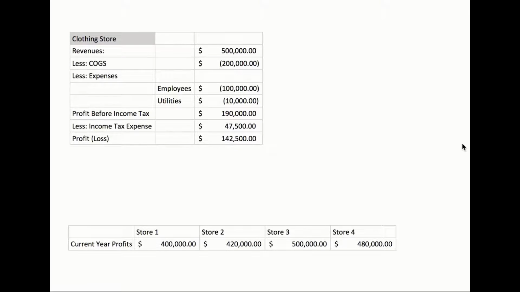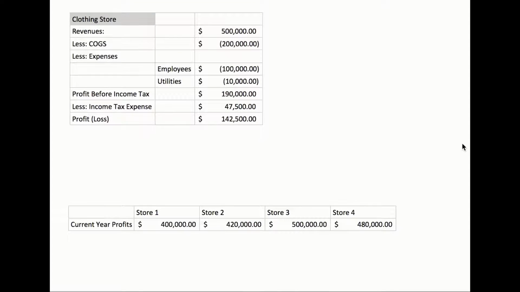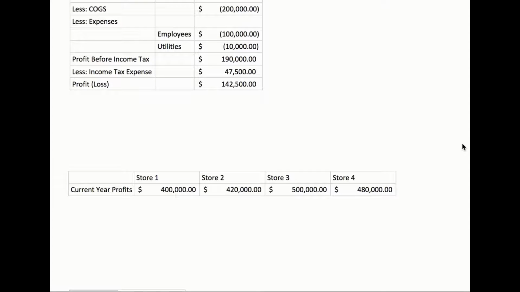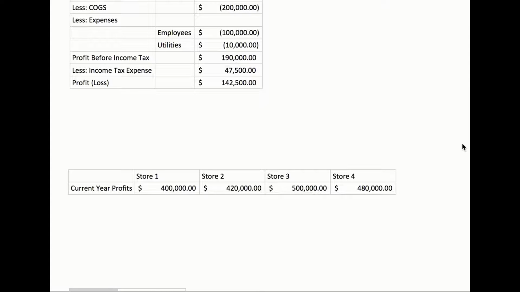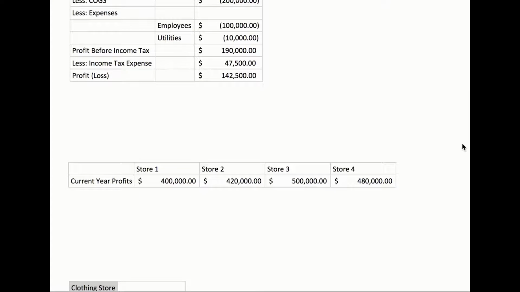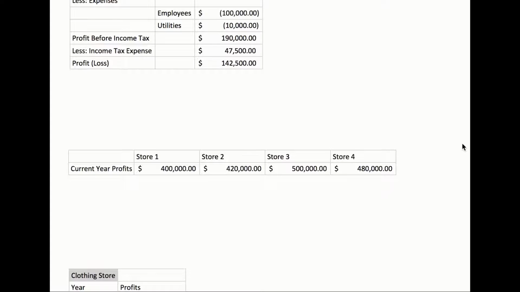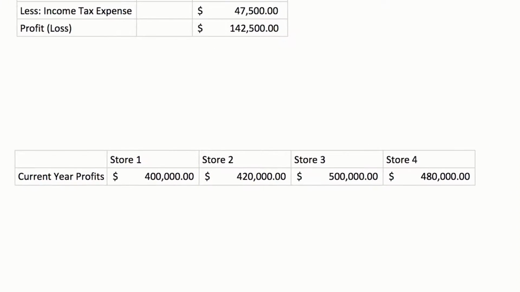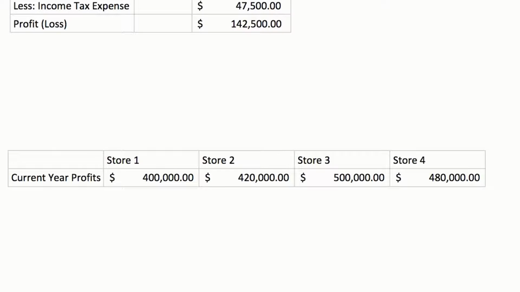And in order to understand what this means, we must look at past data for the company and compare the $142,500 of profit compared to past profits as well as profits of other companies in a similar industry to see how well this company is really doing. Let's begin by comparing the income statement of the store that we are looking to invest in with 4 other stores that sell similar products.